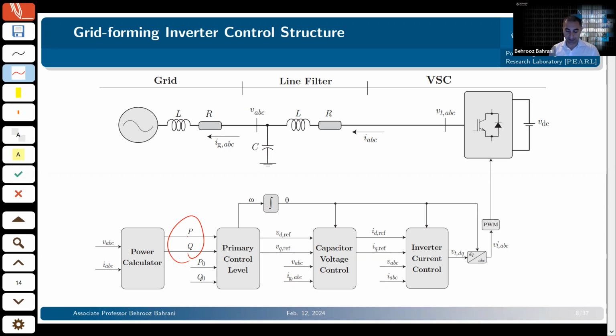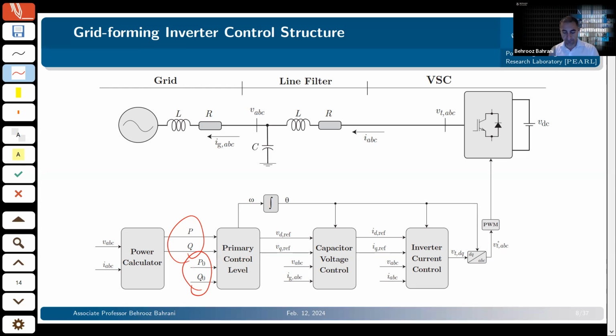So this is a generic structure. I'm not suggesting that every single grid forming inverter must operate with this, but this is pretty well established in the literature. And this is the structure that I'll be using in this presentation for the concepts that we are going through. This P0 and Q0, which are the references for your real and reactive power, are given by other control layers.